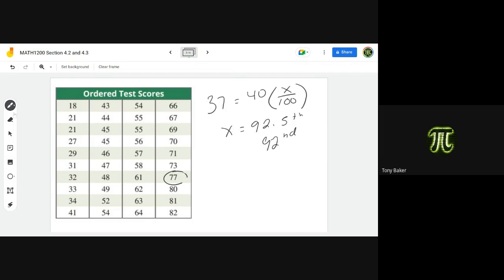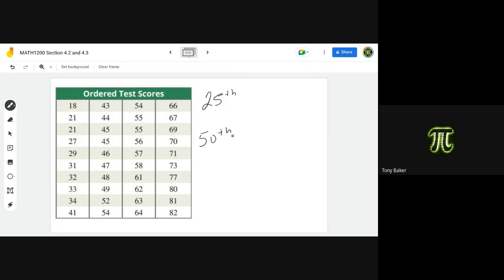All right. So now here's one. I think we already found this one. That was 54. Find me the 25th percentile and the 75th percentile.